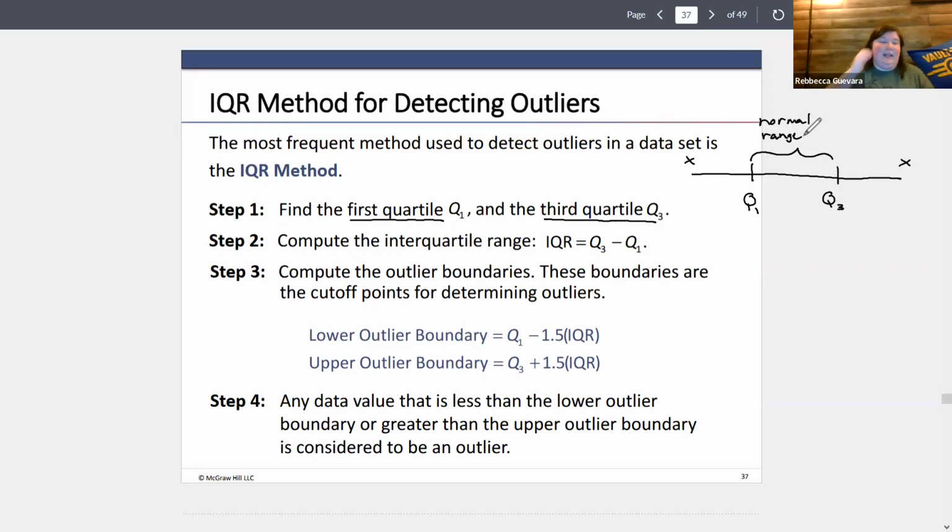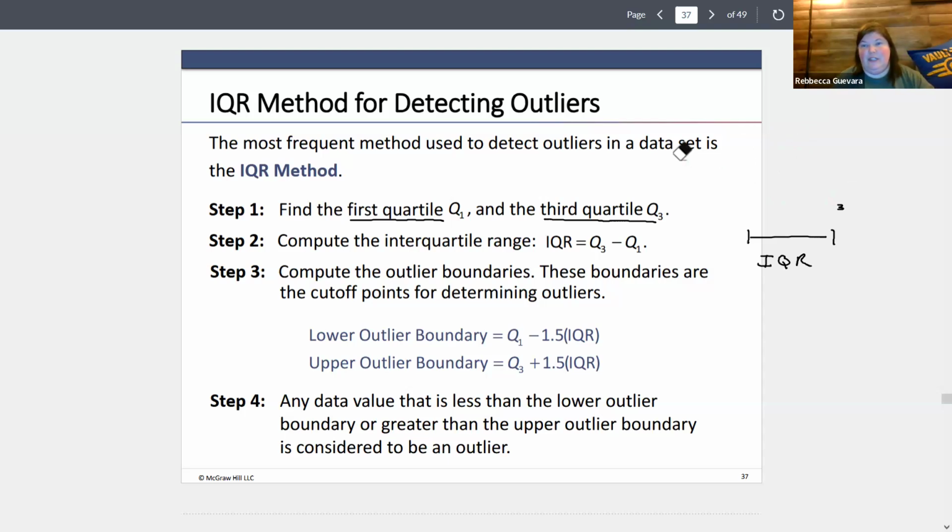And so we're going to expand that and ask, how far from that range in the center is too far out? So we're going to compute our interquartile range. So this is my interquartile range. Then we're going to compute the outlier boundaries. These boundaries are the cutoff points for determining outliers.